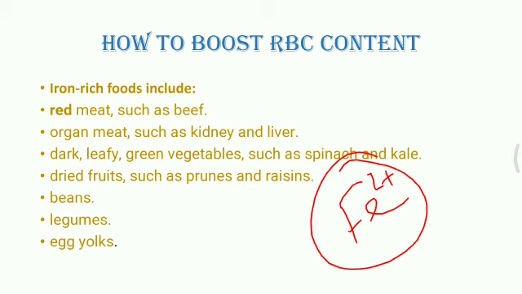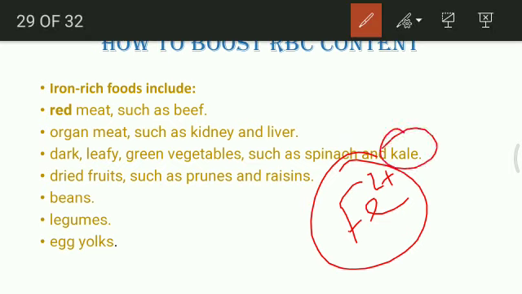So spinach, eggs, kale. Kale is a kind of alga, brown alga, which grows in water bodies, and it is used as a salad. So you can think of this as a cabbage kind of product which can be consumed like a salad.